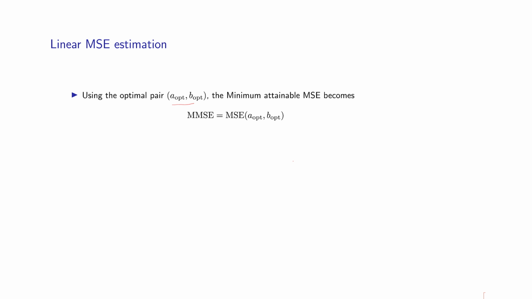This becomes equal to the variance of y times 1 minus rho xy squared. So you see that this is the variance of y, and the whole thing is the variance after the linear estimation.